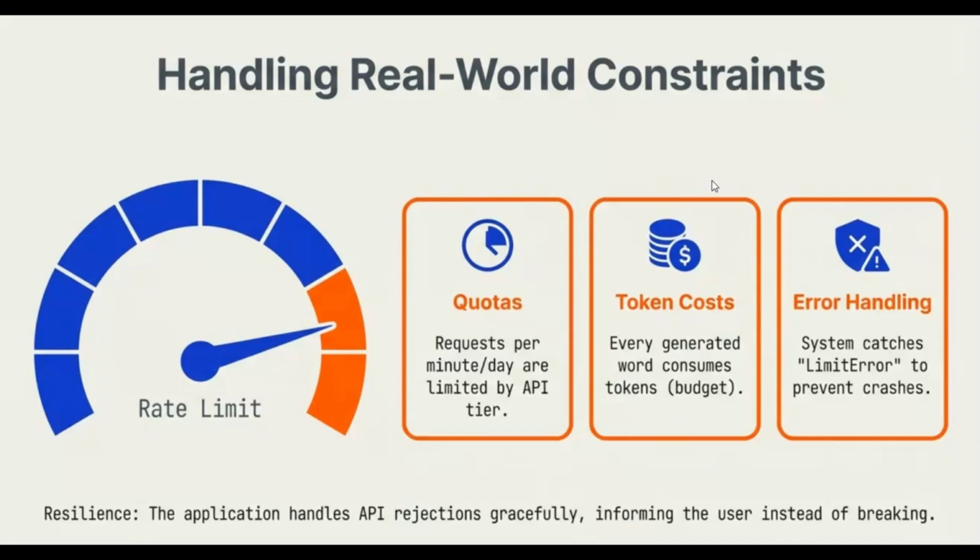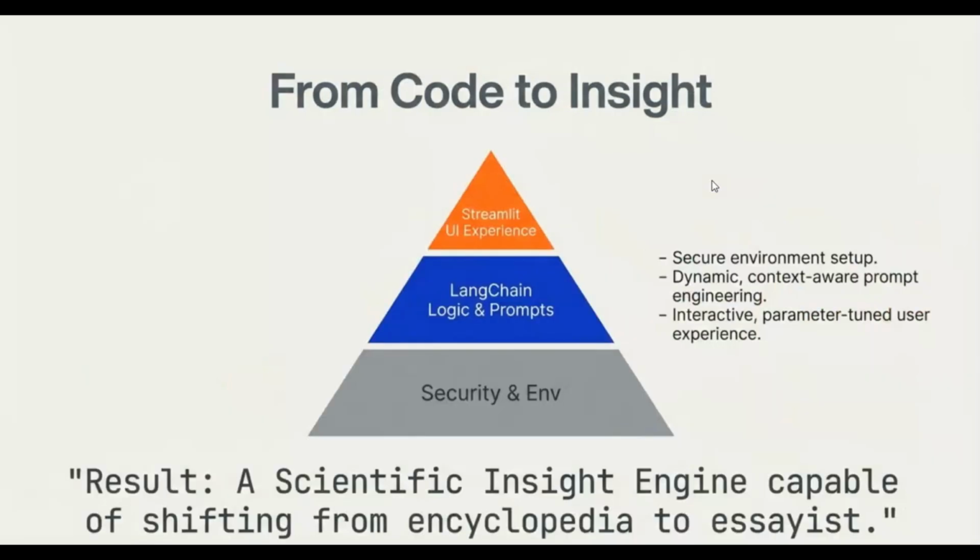And we also have to handle the errors, as many times when the quota gets exceeded, we get quota errors, and sometimes we get limit errors. But this application will be able to handle these API rejections properly. And we are going to make sure that instead of breaking the code completely, we get an error and we'll be able to solve it by ourselves.